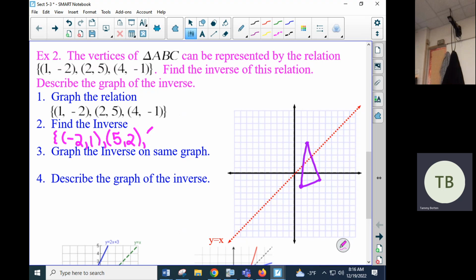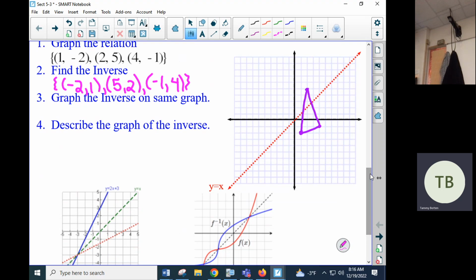And this one would be -1, 4. Okay, so if I go and plot that on here, -2 up 1 goes here, over 1, 2, 3, 4, 5 up 2 is here. And -1 up 4, 1, 2, 3, 4 is right here. Okay, and then we're going to graph that triangle, and that is what we would get.